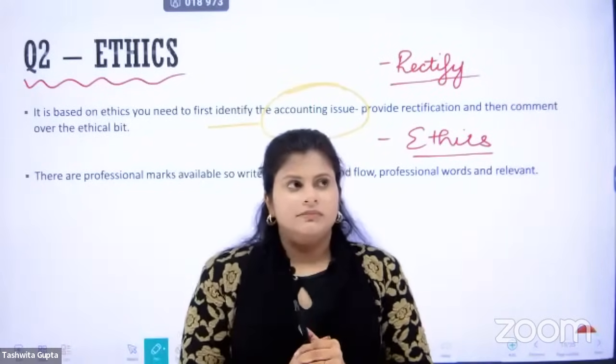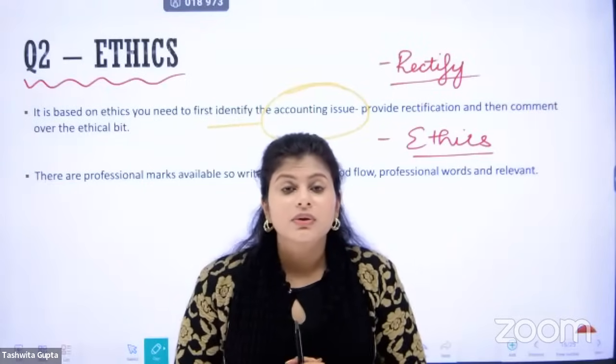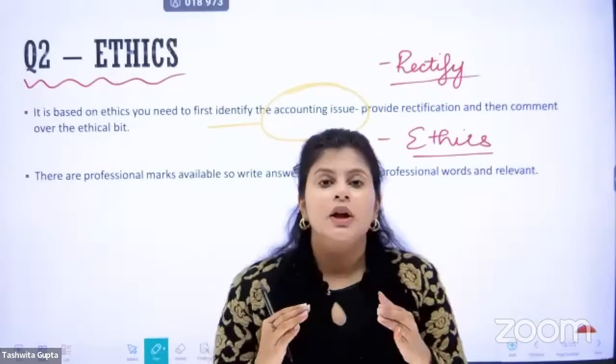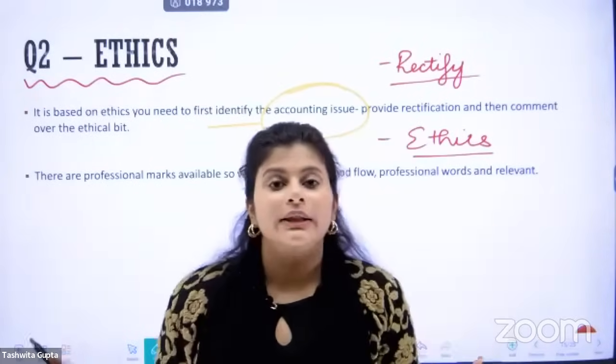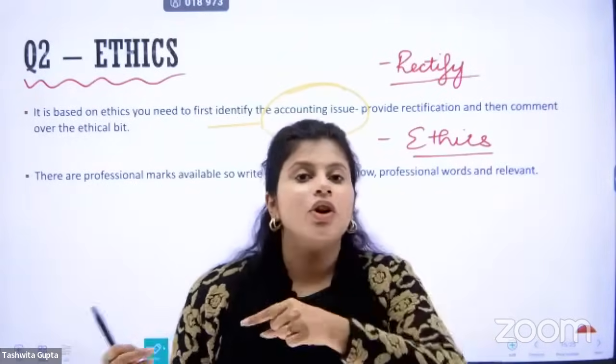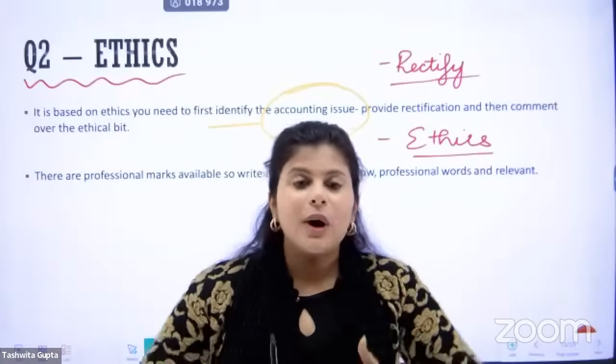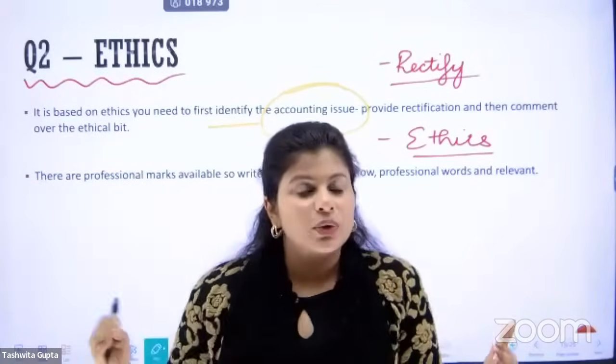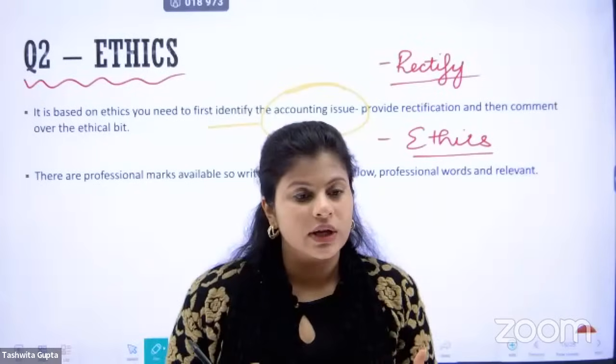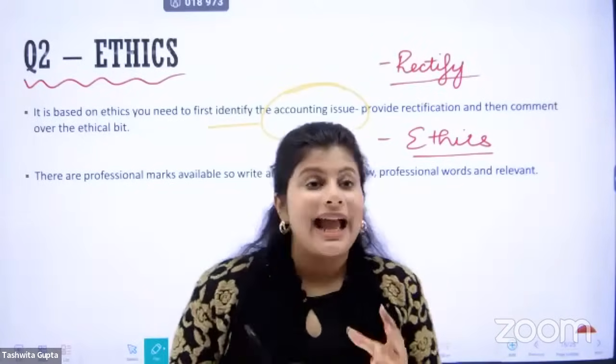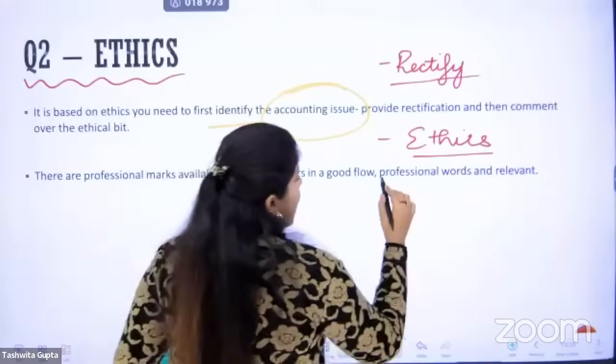Let's suppose you're just thinking about what would maximize shareholders' wealth. There you are compromising your objectivity. You're being biased. You have a group of stakeholders to cater to. You cannot just think about shareholders. So this is what we will comment, and this will carry professional marks.